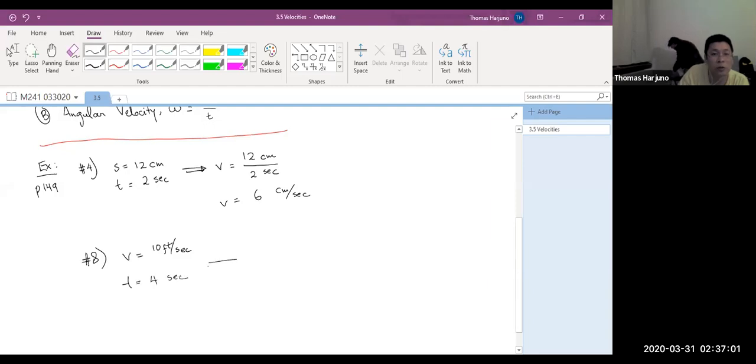Then we use the formula v equals s over t to solve for the distance traveled. I multiply both sides by t. I get the distance traveled is velocity times time.